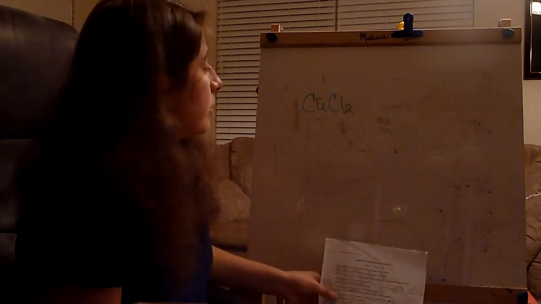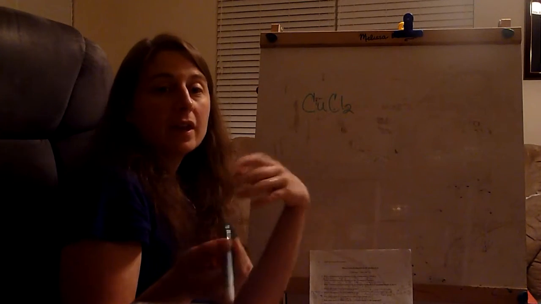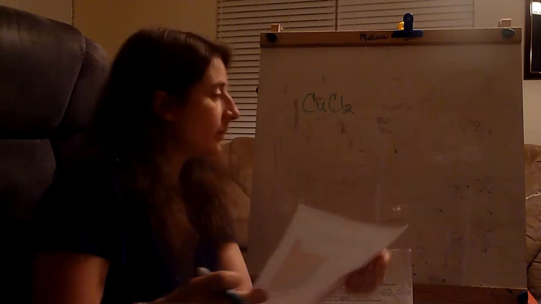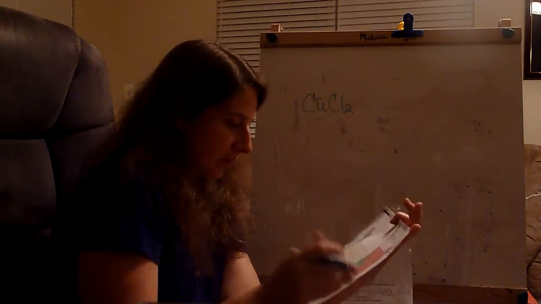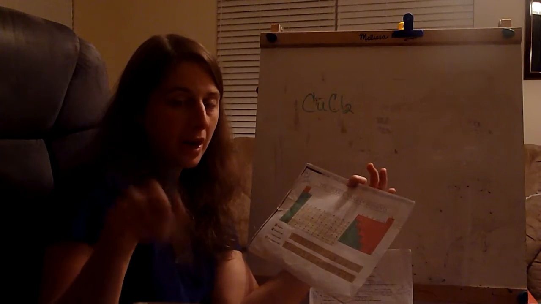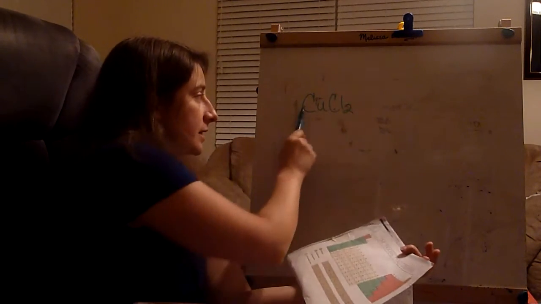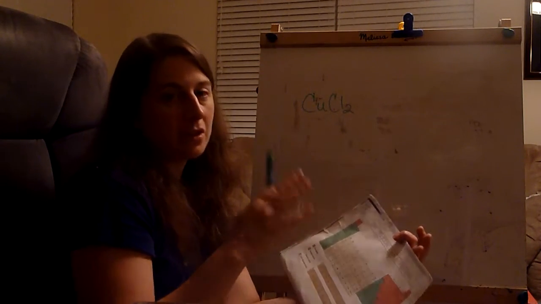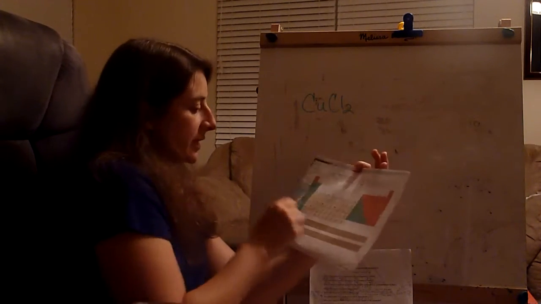So I need to find the molar mass using the periodic table. Copper, so I look, I find copper. Make sure you remember and practice and memorize these chemical symbols over and over, even the ones that we already had the quiz on. You need to know them. Copper is Cu.